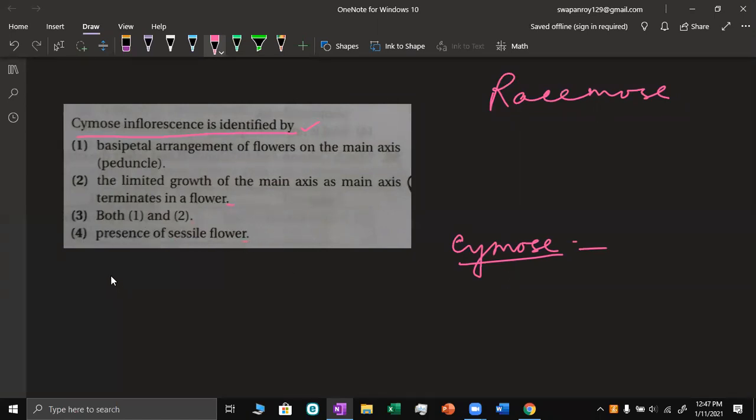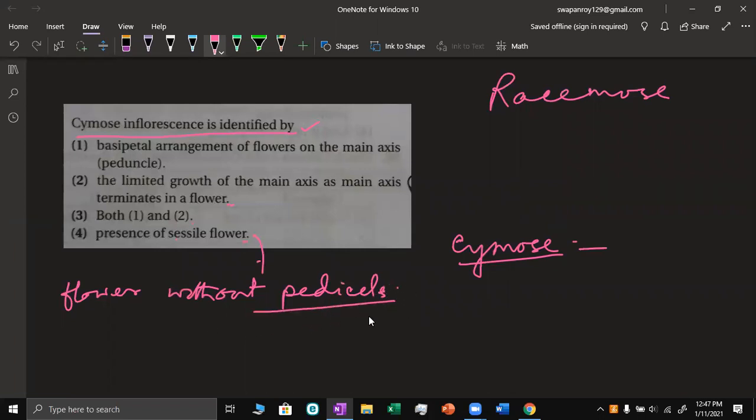Sessile flowers, you know, are flowers without pedicel. Flowers without pedicel.